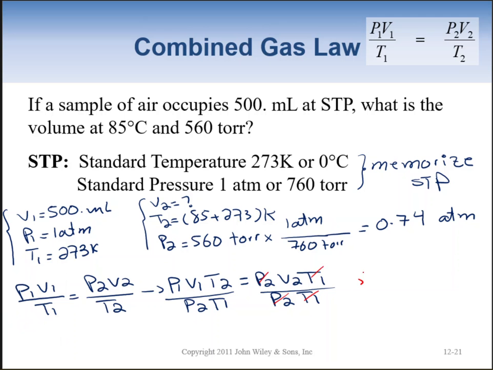Therefore, V2 equals P1 V1 T2 divided by P2 times T1.